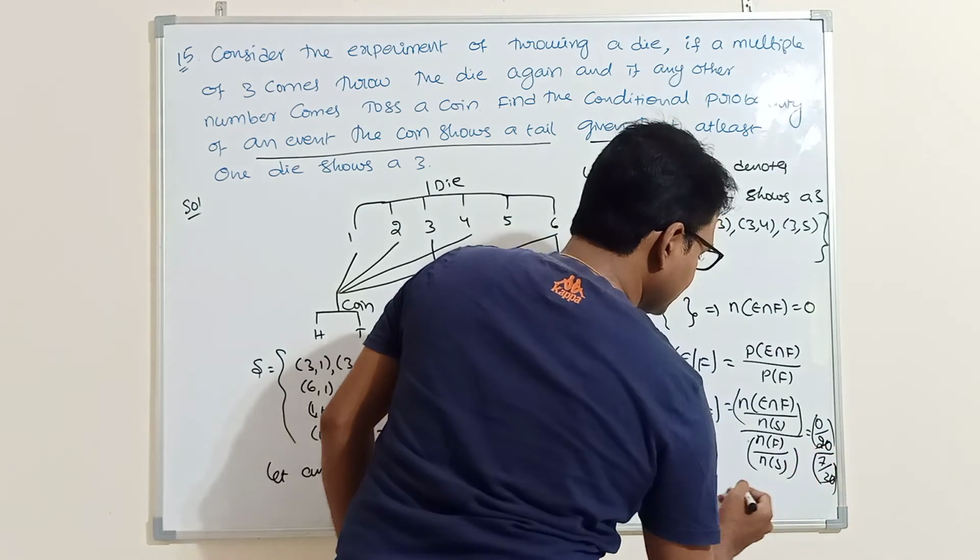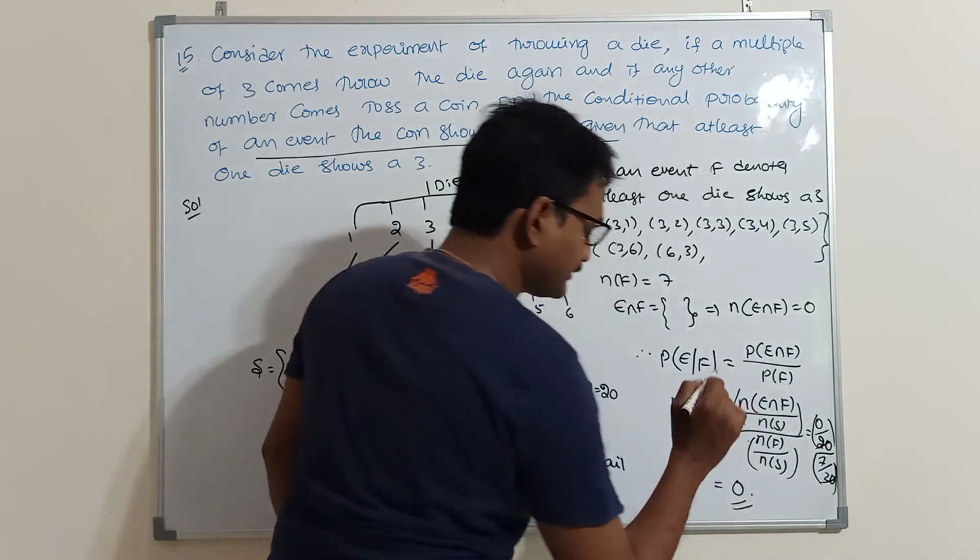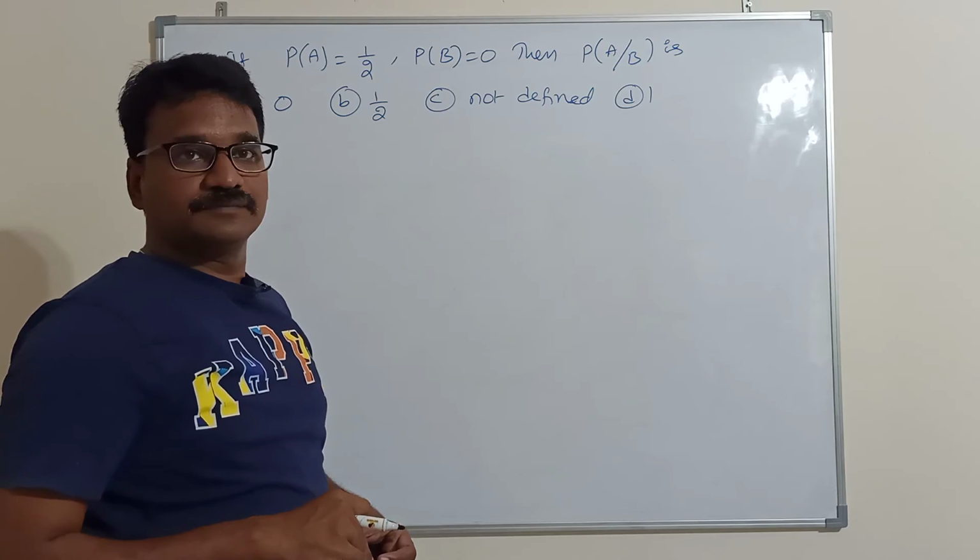The 20s get cancelled. 0 by 7 means 0. 0 is the answer for the probability.